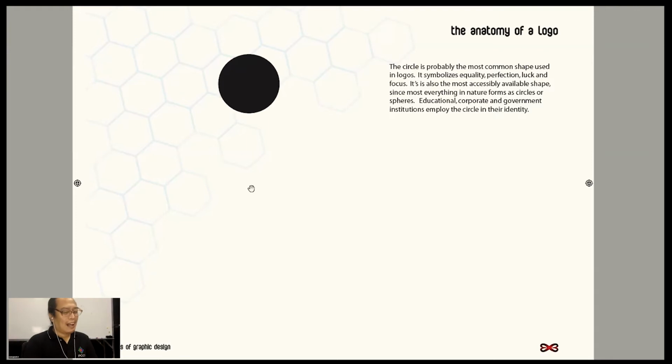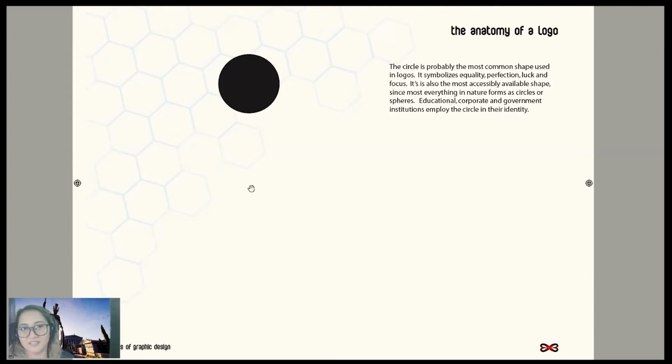Anyway, it's not really popular right now because of the pandemic, but we like coffee, right? So what logo am I pertaining to? Starbucks. Also, Seattle's Best is circular.